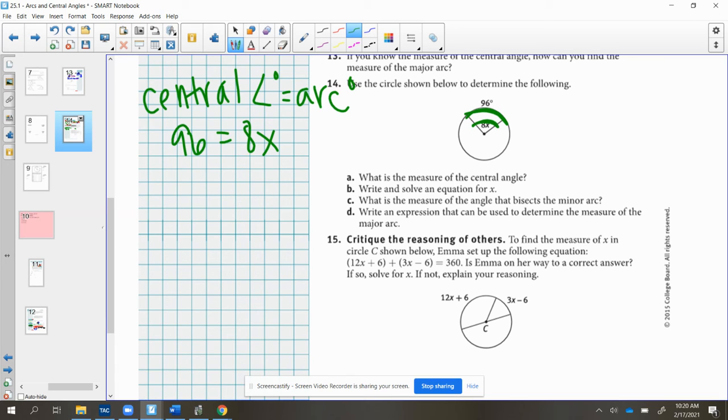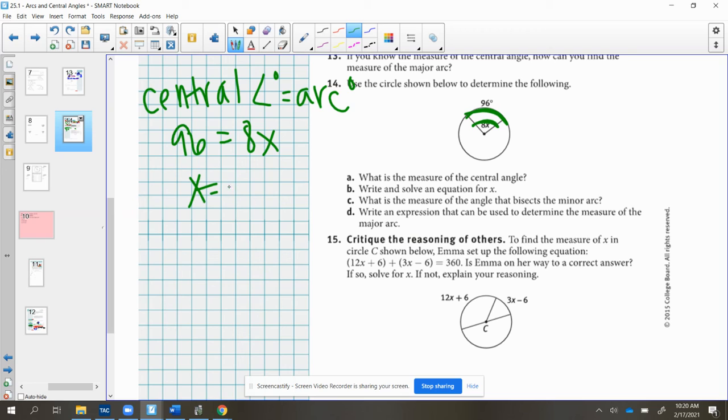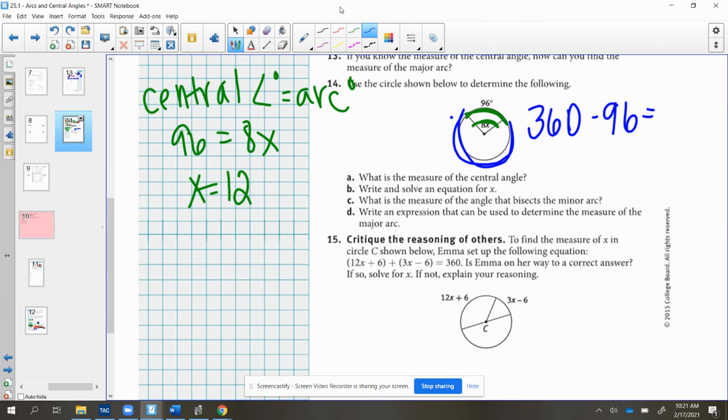To solve for x, we divide 96 by 8, which gives 12. If we plug that back in, we would see that the minor arc would be the exact same size. Now, the major arc, this piece over here, can be found by subtracting the measure of our minor arc from 360, because the leftovers would be the major arc. So 360 minus 96 gives a 264-degree major arc.